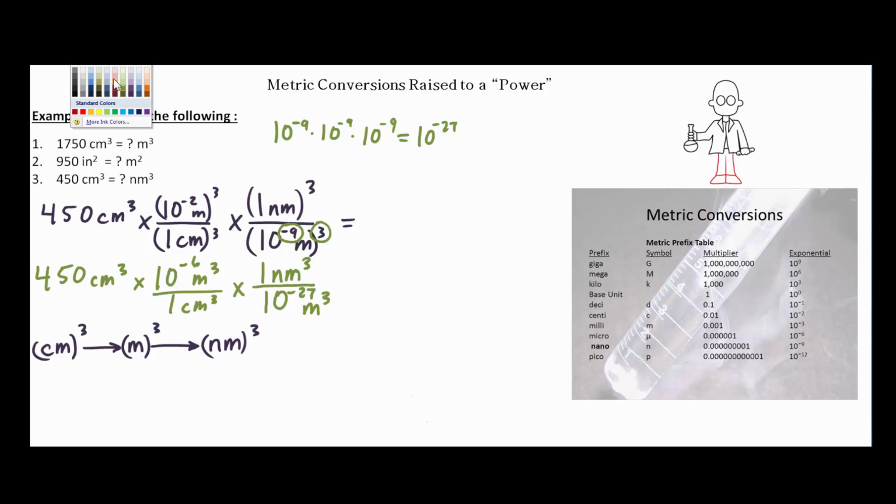Now I can come here and cancel our units. Cubic centimeters cancel, cubic meter cancels, and I'm left with the desired unit of nanometers cubed. So when I write all of this out, I have 450 times 10 to the minus 6.